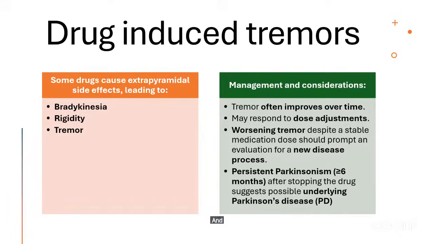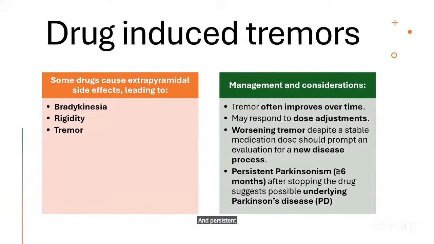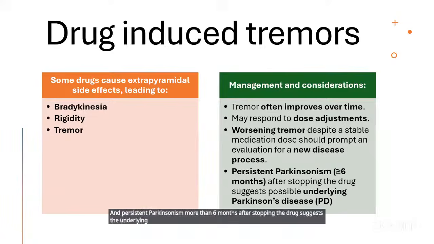But whenever tremor does not benefit from the dose adjustment or withdrawal of the drug, or worsening of tremor is there despite a stable medication dose, it should prompt an evaluation of a new disease process in this patient. And persistent Parkinsonism more than 6 months after stopping the drug suggests an underlying Parkinson disease which was exacerbated by the drug.